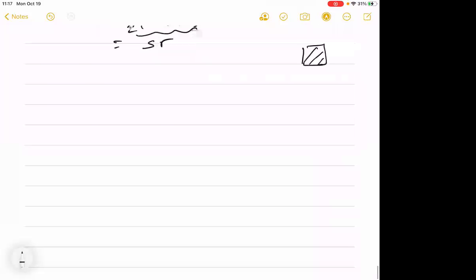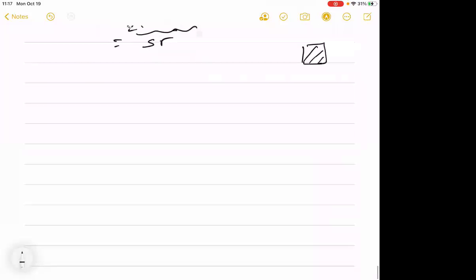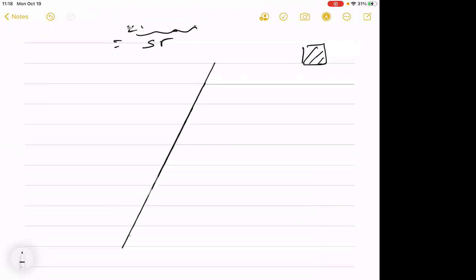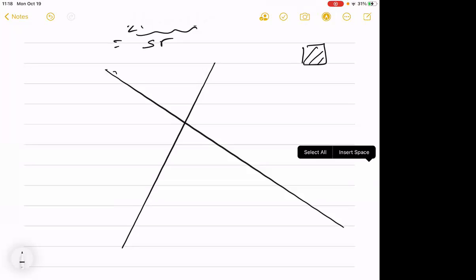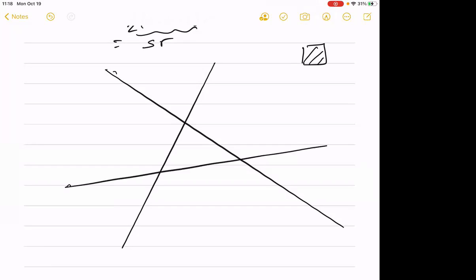Next, we will talk about excircles. I guess let's try to draw this. I have a ruler. So let me draw a triangle like this. Good. I extended these lines also.